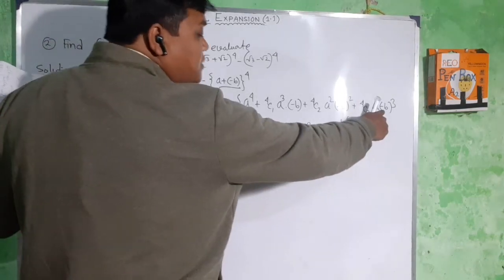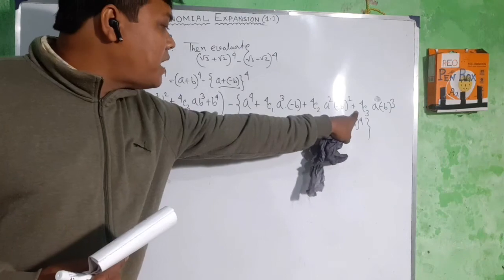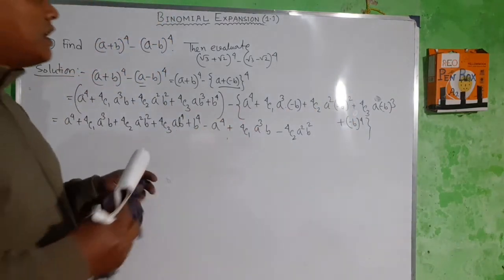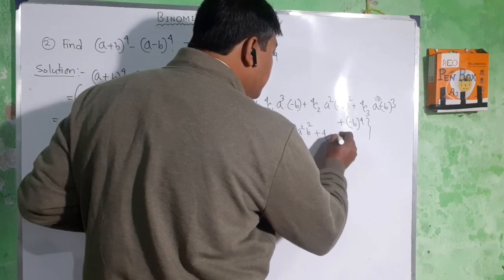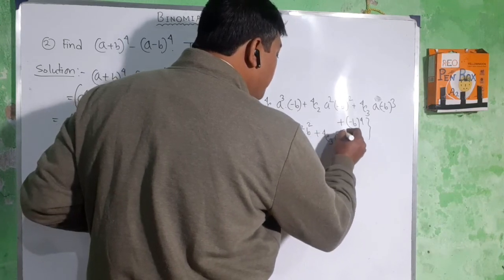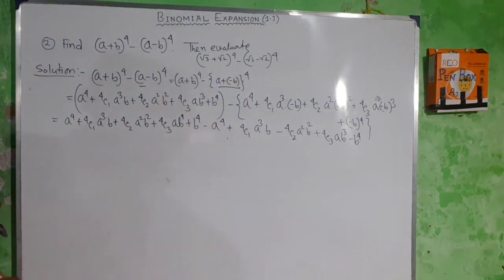And this is minus b whole cube, that is minus b cube, and with the minus sign present here, after multiplication we will get plus. So plus 4C3 a b cube minus b to the power 4 minus b to the power 4.